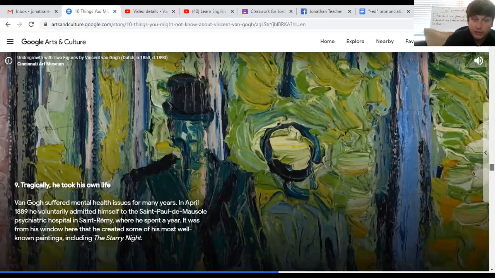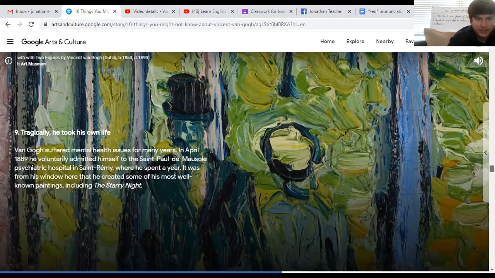Tragically, he took his own life. Van Gogh suffered mental health issues for many years. In April 1889, he voluntarily admitted himself to the St. Paul de Mausole Psychiatric Hospital in Saint-Rémy, where he spent a year. It was from his window here that he created some of his most well-known paintings, including The Starry Night.